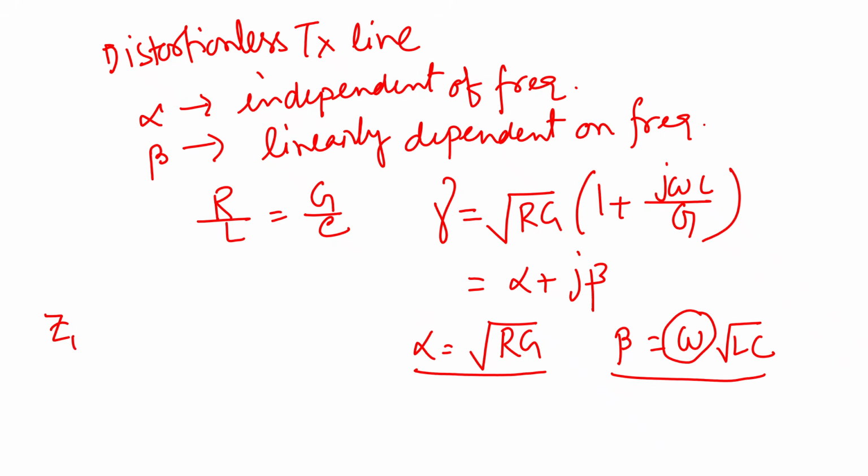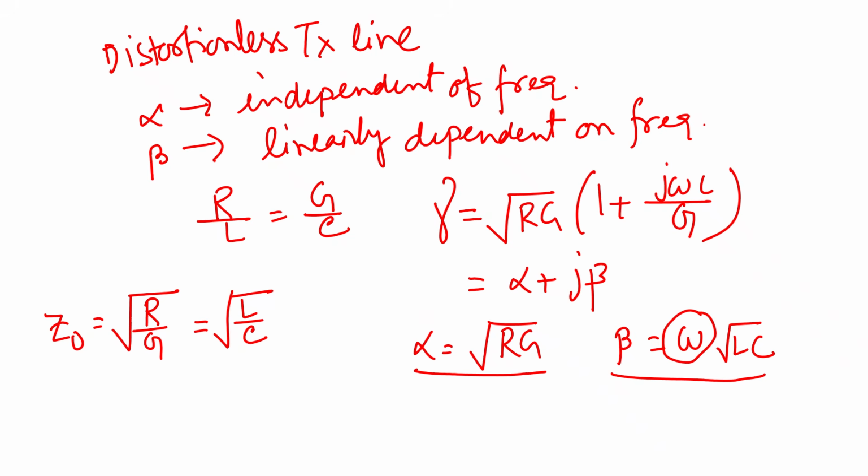Also, for this distortionless line, the characteristic impedance is under root R by G, which is also equal to under root L by C. One more thing which I missed is the characteristic impedance for a lossless transmission line.